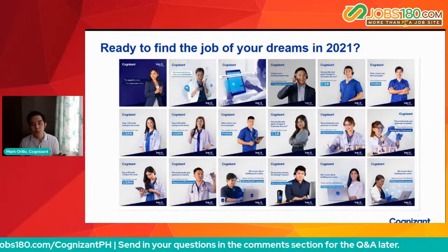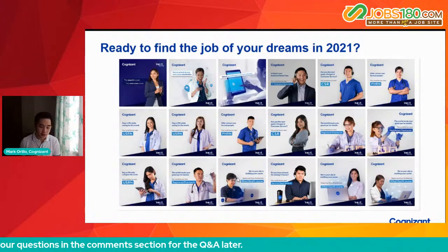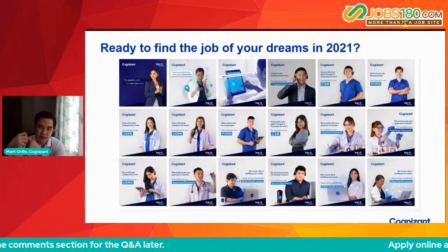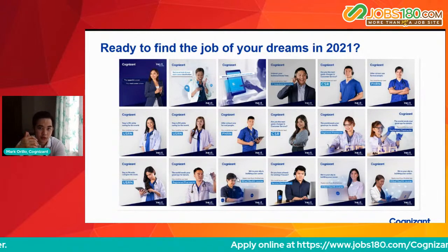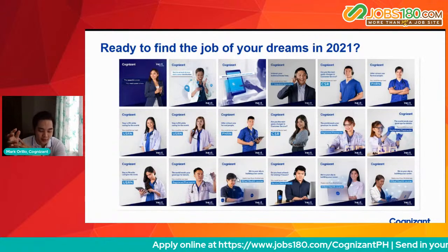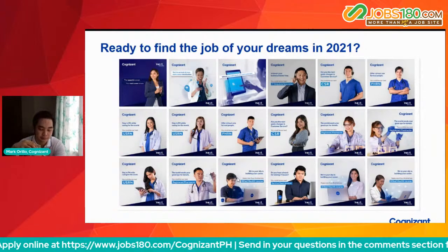Whatever that's going to be, we will talk about that in a minute. Then copies of your resume. You can print it out, ideally on nice paper, but no need to laminate your resume. You can even use Jobs180's resume link.